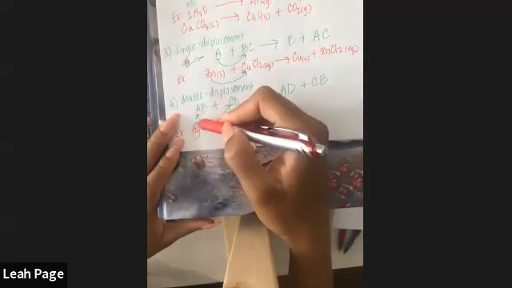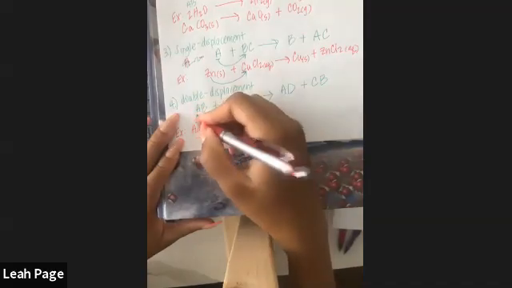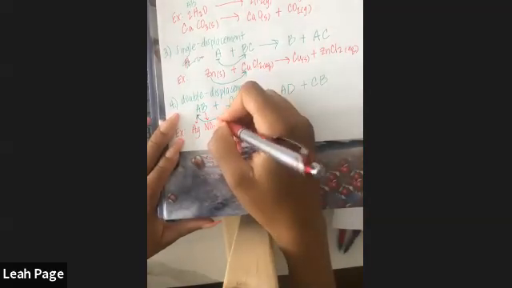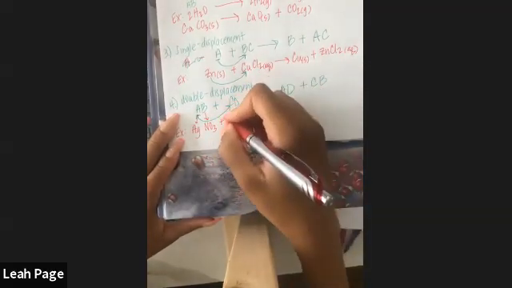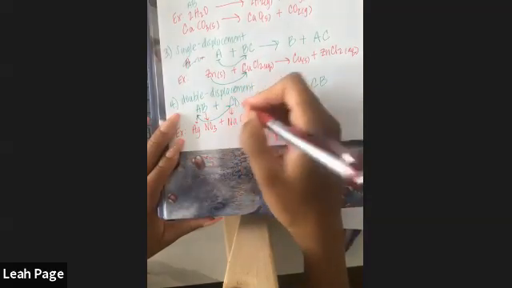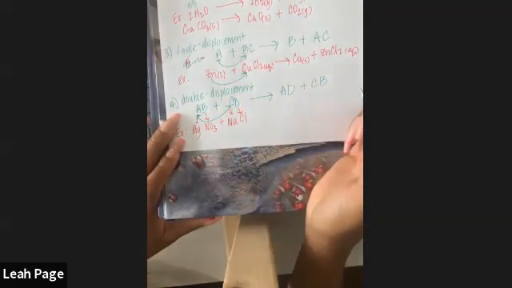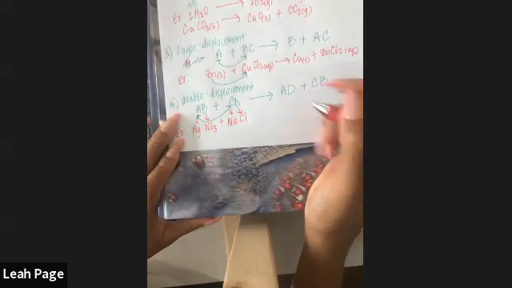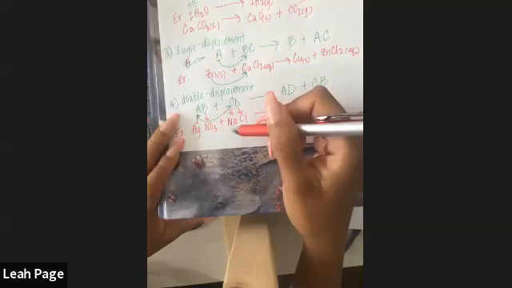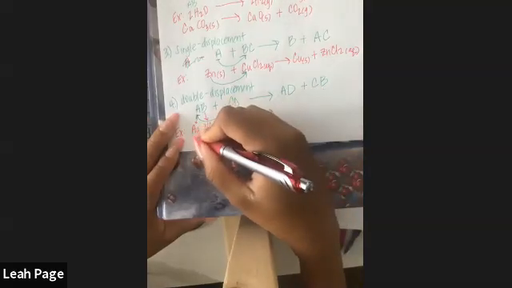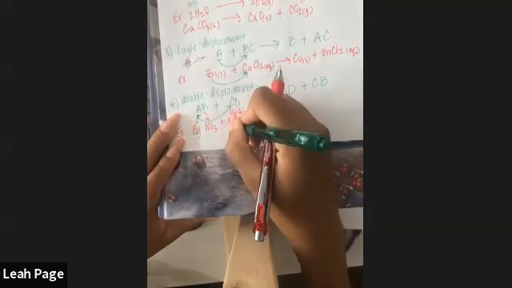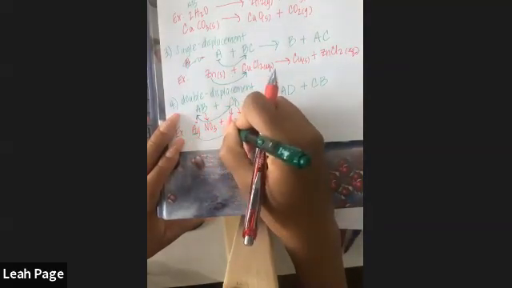Silver is my A, nitrate is my B. I reacted it with sodium chloride, where sodium is my C and chlorine is my D. When these two are mixed together, my silver and my sodium are gonna switch places.